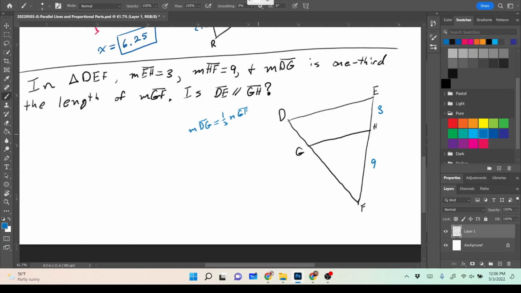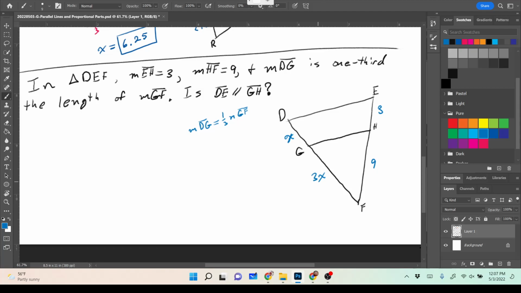If this is X, where's the GF? It's right here. If that's X, then what would GF be equal to? 3X, right?